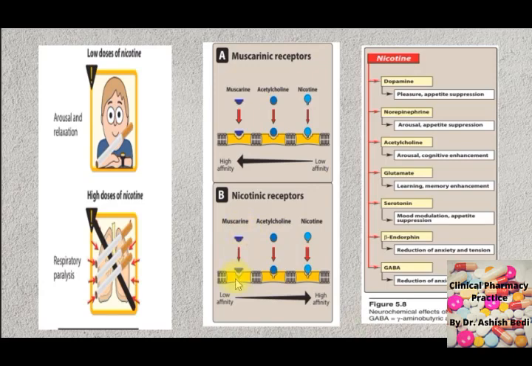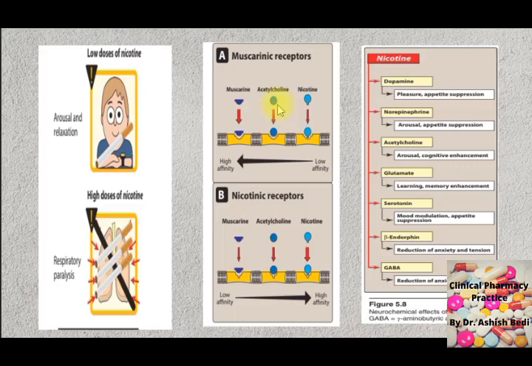Now, the body doesn't produce nicotine. In general, the body does not produce this nicotinic neurotransmitter. The body produces acetylcholine. Just keep in mind that the neurotransmitter our human body produces that acts on muscarinic and nicotinic receptors is acetylcholine.